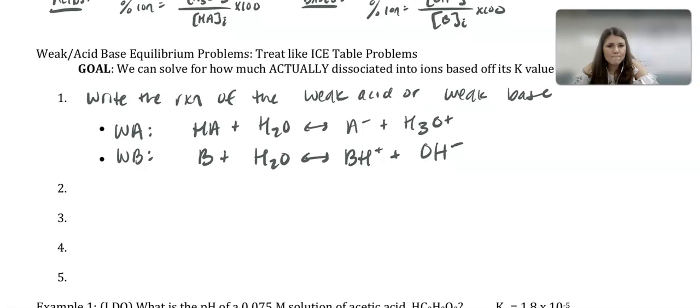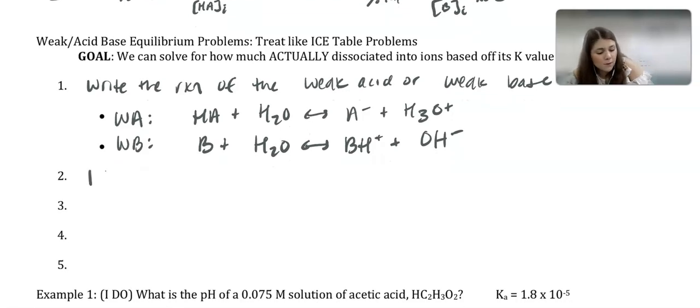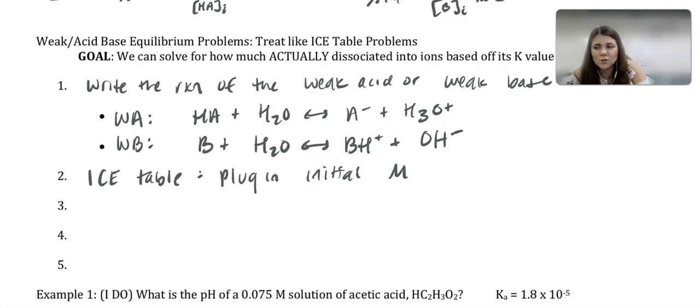All right. Next step, work on your ice table, okay? Write the reaction, plug in initial concentrations. Generally, it's going to be that initial acid or initial base. Next step, complete the table for the E part in the ice table, okay?